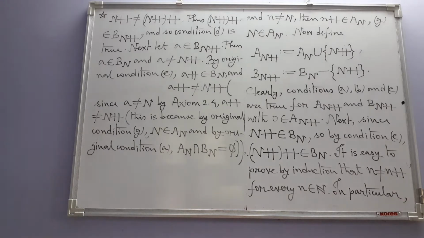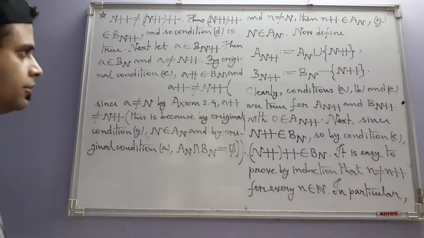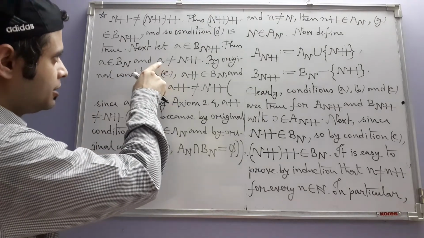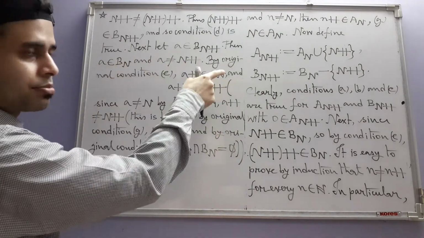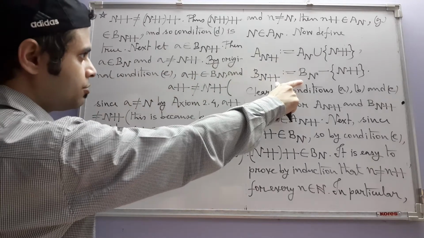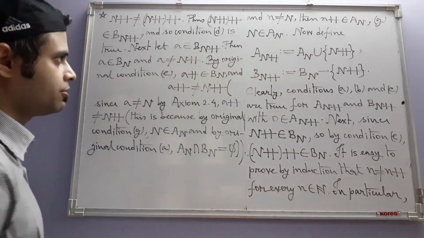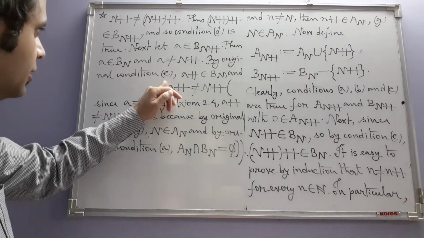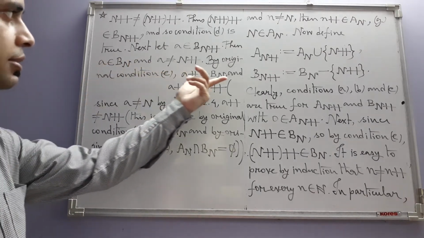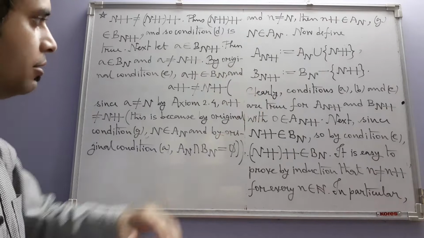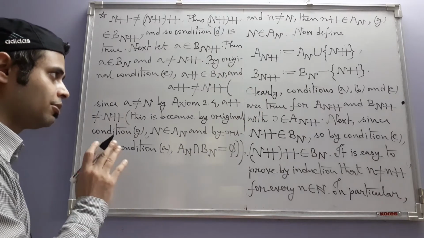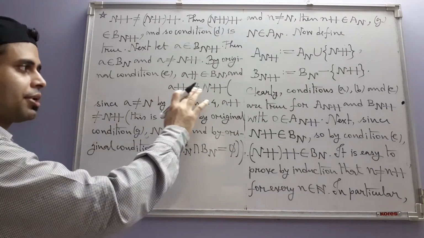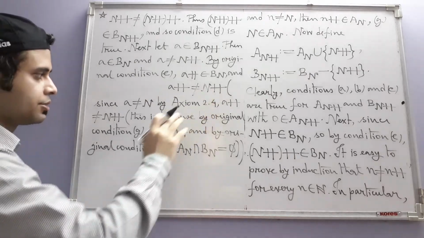So what have we written here? Let us just see whether what we have written is correct or not. B has an element a in B_n plus plus. That means a belongs to B_n and a is not equal to n plus plus. That is fine. By original condition E, since a belongs to B_n, its successor will belong to B_n. But we are also saying at the same time that a plus plus is not equal to n plus plus. Why?